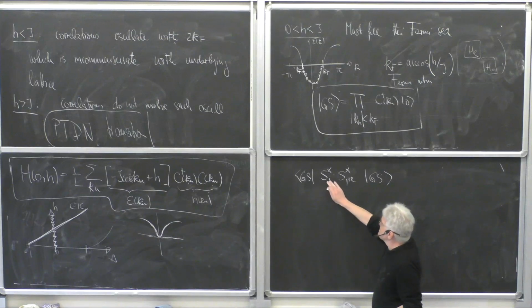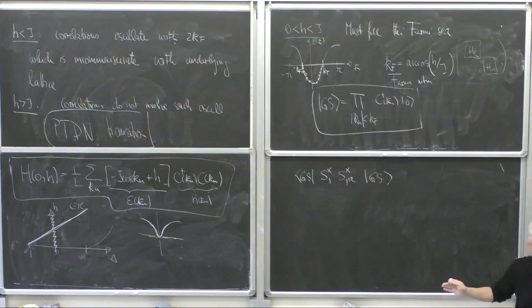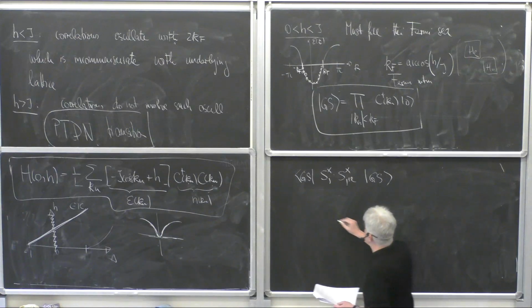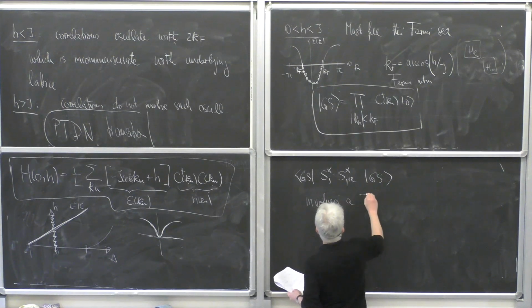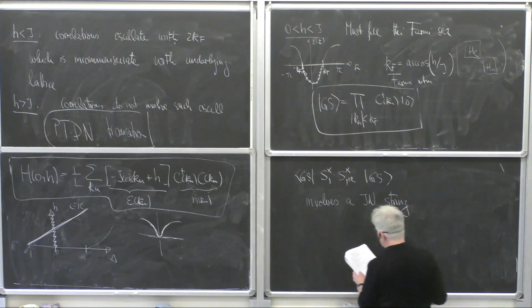It's because this correlation function, if you map it to fermions, involves a Jordan-Wigner string. Yeah, and you still can work it out, but it's a little bit harder. And it's not the subject of these lectures, so I will not do it for you.